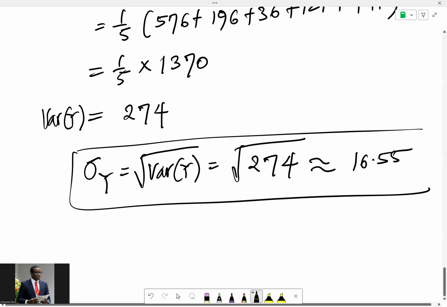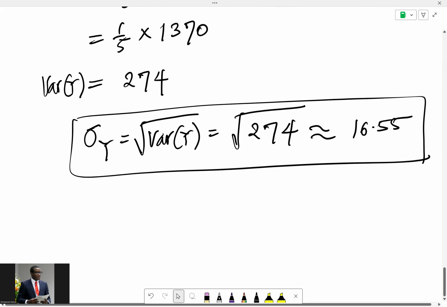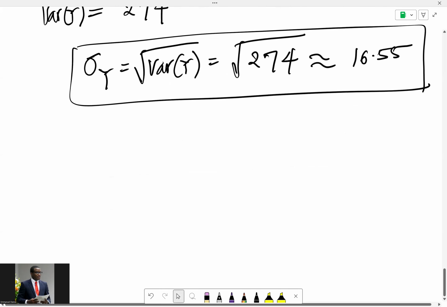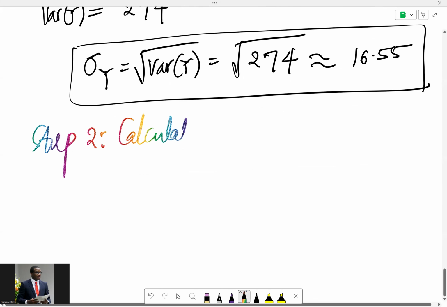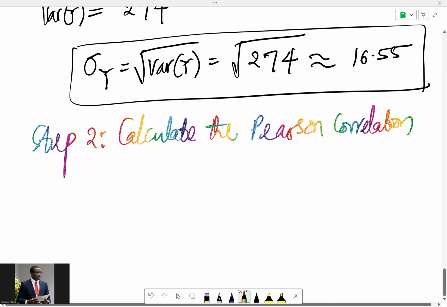That's another thing we need, right? So with that now, we can take step 2. So we have the variances. So step 2, we can calculate the Pearson correlation coefficient, which is given as rho.